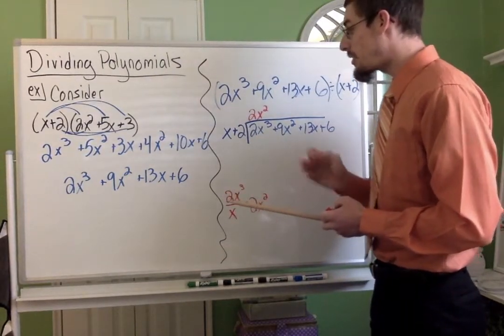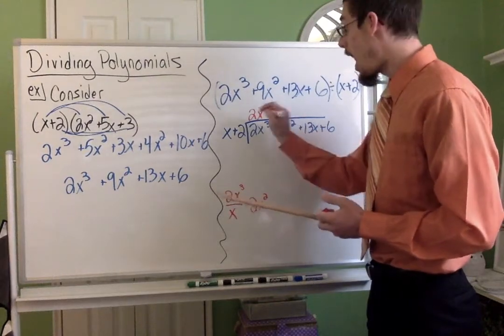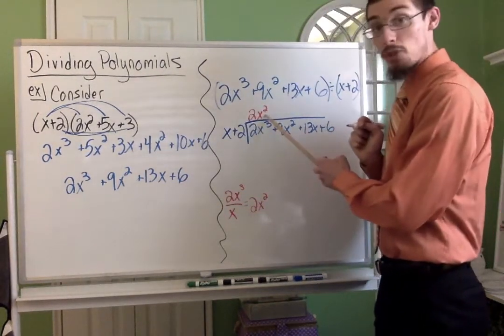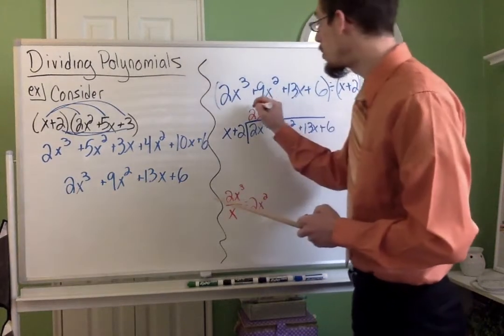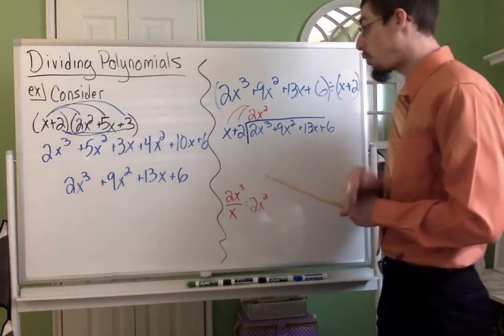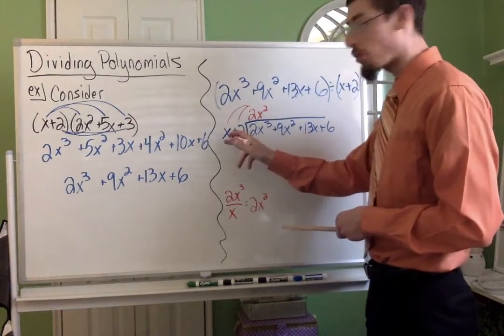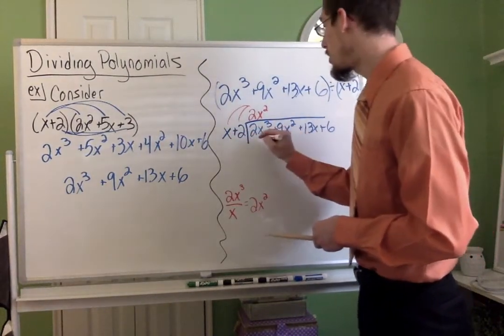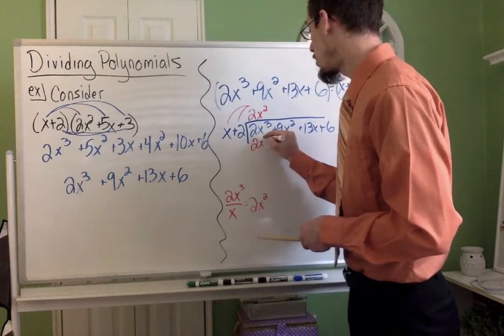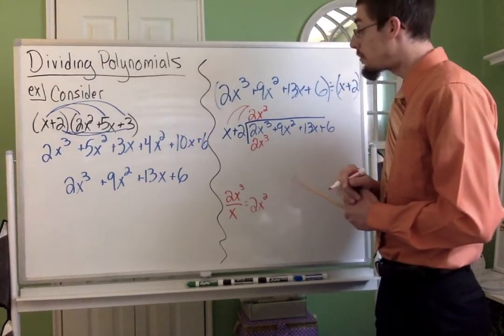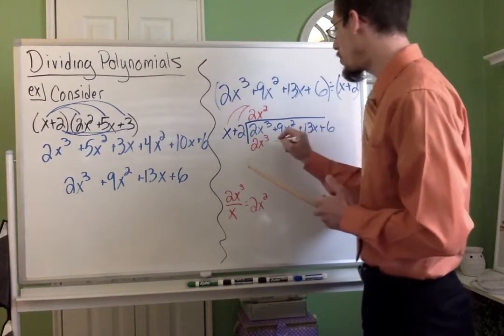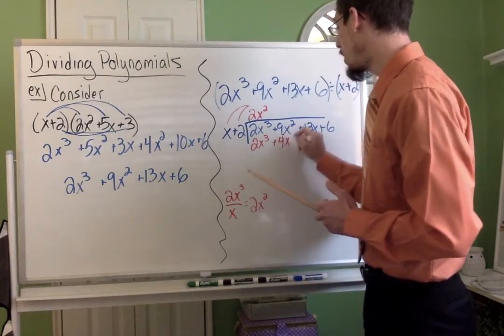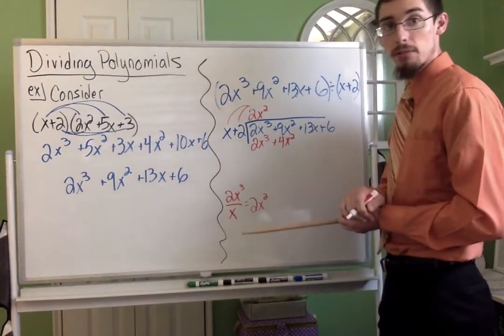The only thing is, when I multiply, I'm multiplying 2x squared by the binomial x plus 2. So 2x squared times x is going to be 2x to the third, and 2x squared times 2 is going to be plus 4x squared, right?